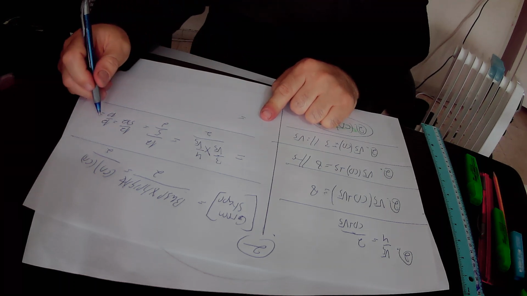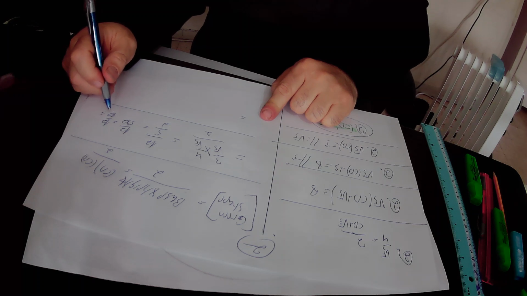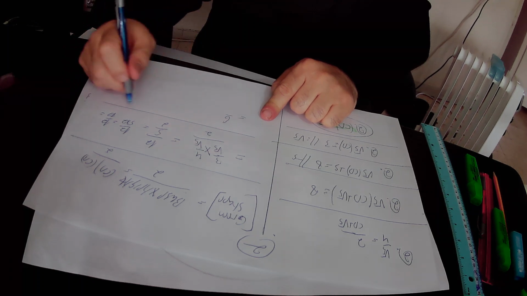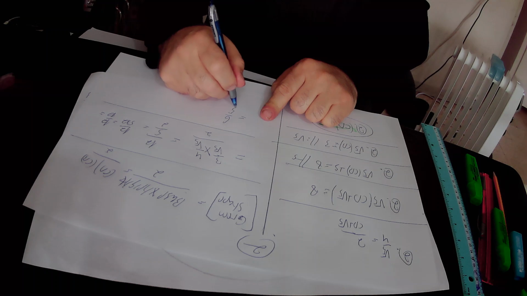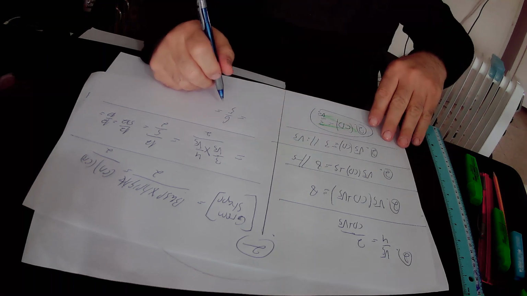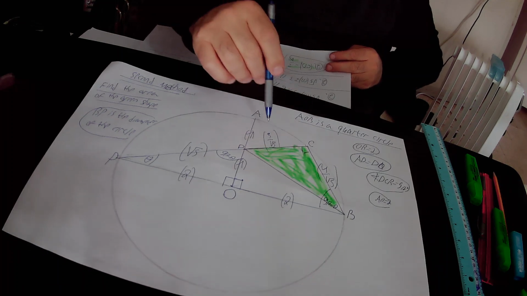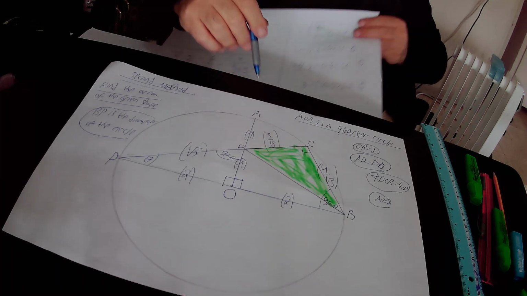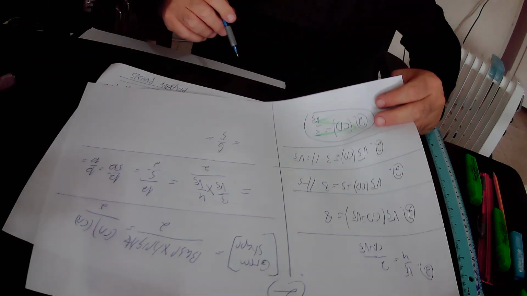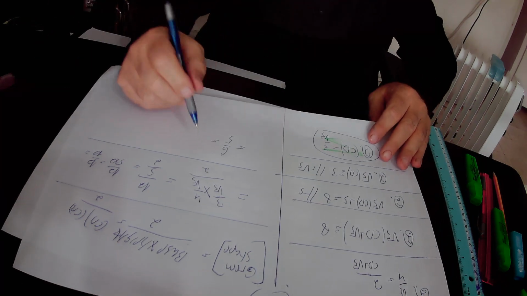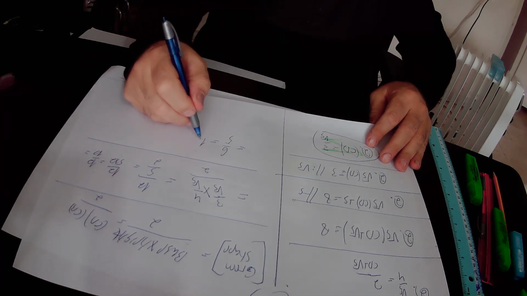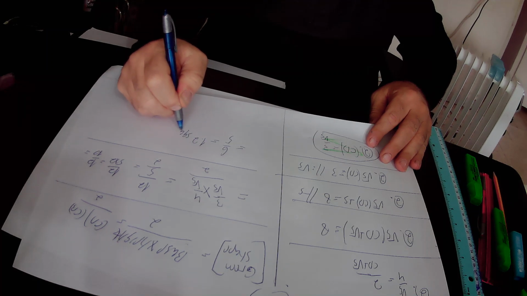We divide both the numerator and the denominator by 2. 12 over 2 is 6 and 10 over 2 is 5. So in conclusion, the area of this green shape equals 6/5 square units, or in decimal terms, 1.2 square units.